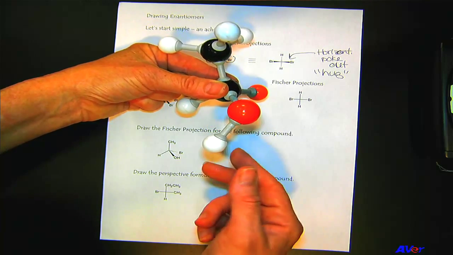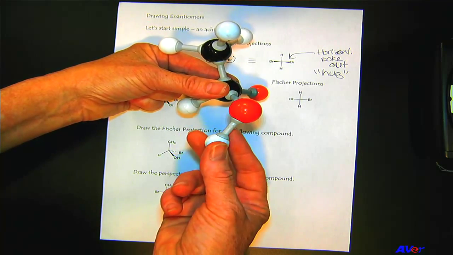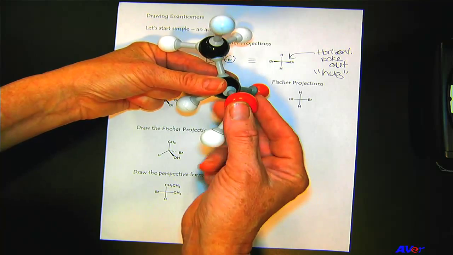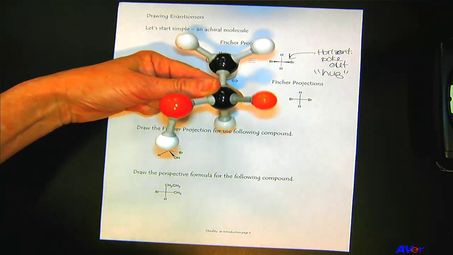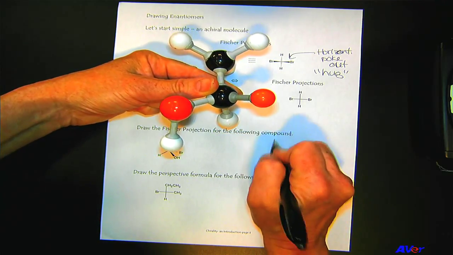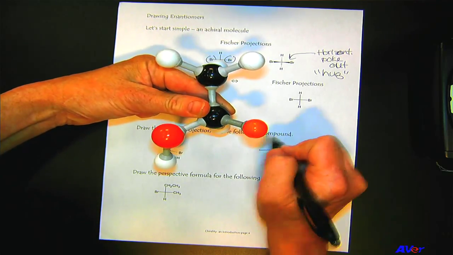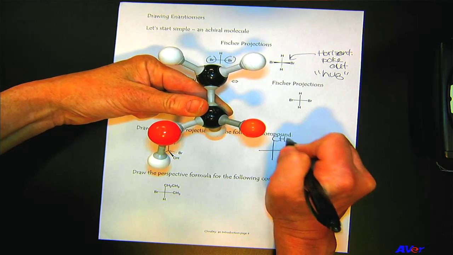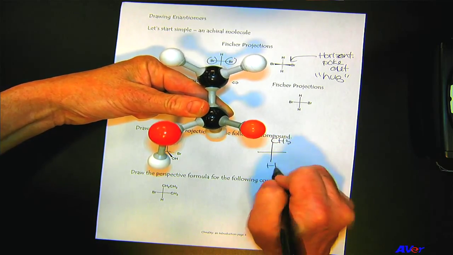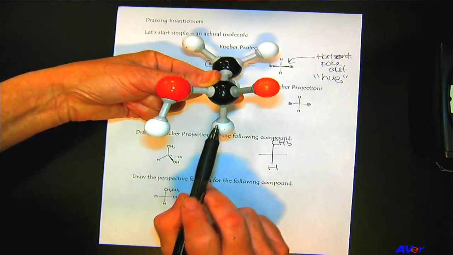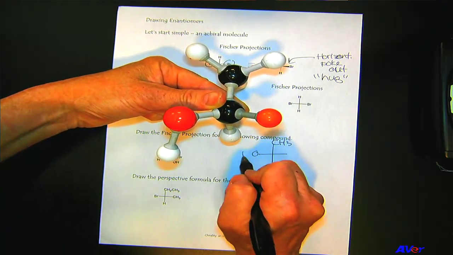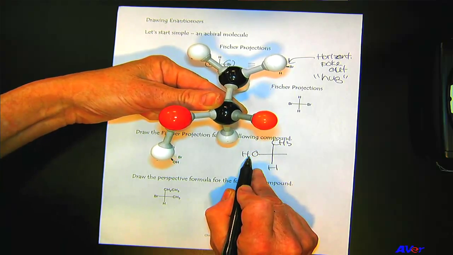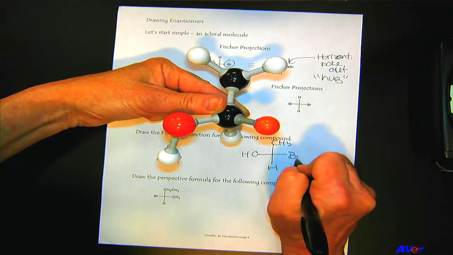To make this into a Fischer, this one's already poking out, so let's just roll it around. When we roll it around, here's our Fischer. The methyl group is still at the top, and the hydrogen is still at the bottom. The OH is now on the left, and then there's the bromine.